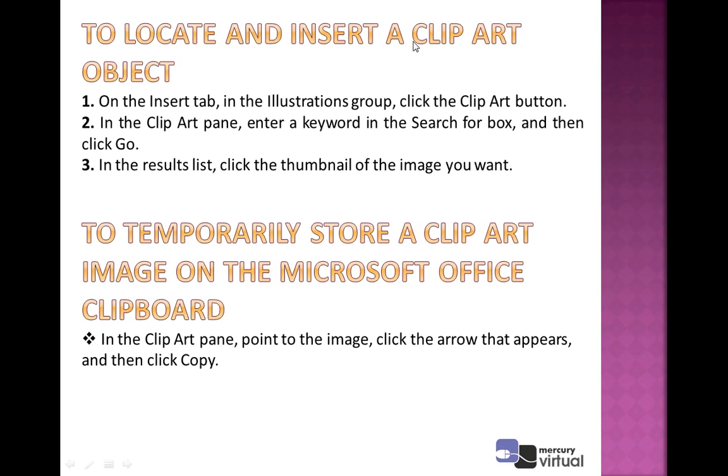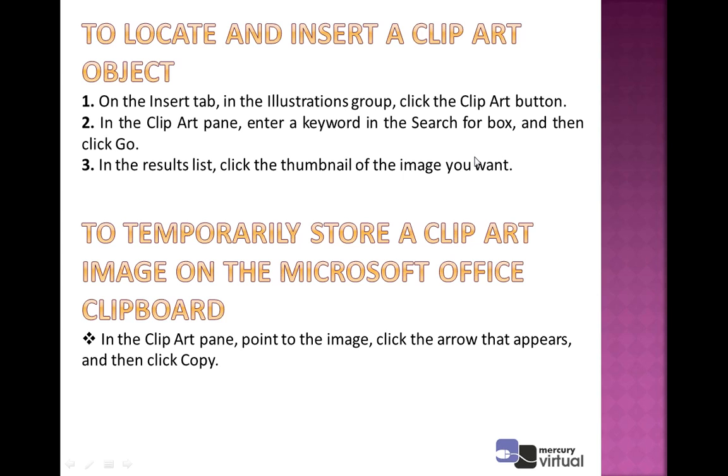How to locate and insert a clip art? Go to the insert tab, go to the illustrations group, click on the clip art button. Then in the clip art pane, enter a keyword in the search for box and then click go.